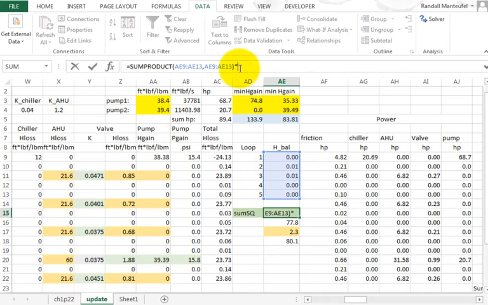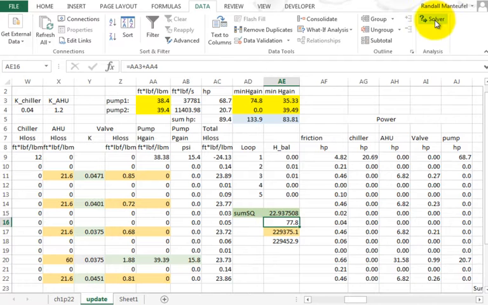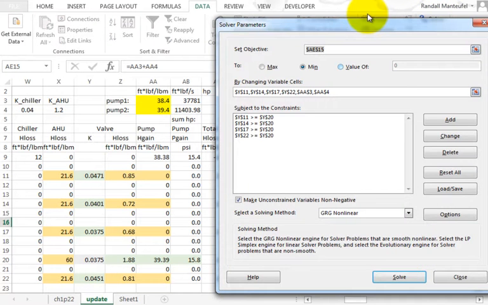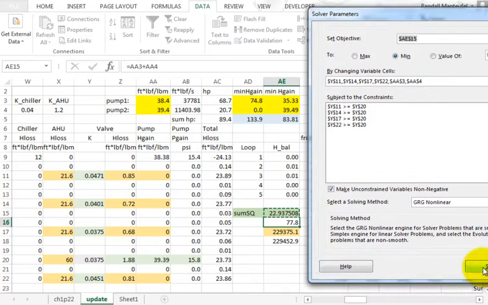I can go in here and boost it by, I don't know, 10,000. Boost it by 10,000, now I can take 22 and it'll work harder to try and drive it to 0. It's not as sophisticated as MATLAB to do root finding. And then you can do the solver again and the same function.